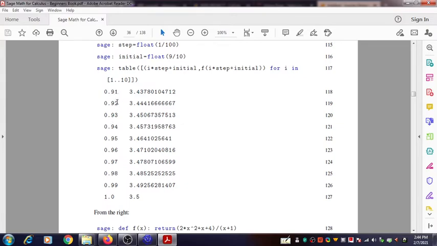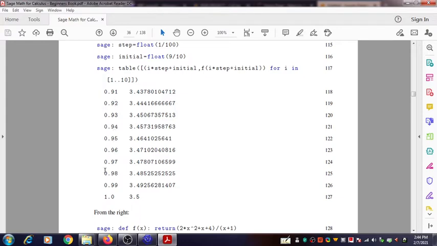We are taking x values with intervals of width 0.01, and the starting x value is 0.91. The x values that we are considering will end at the point 1.